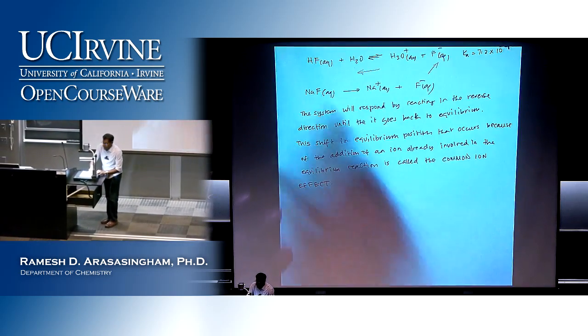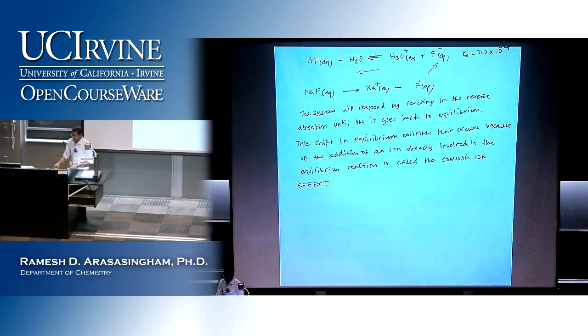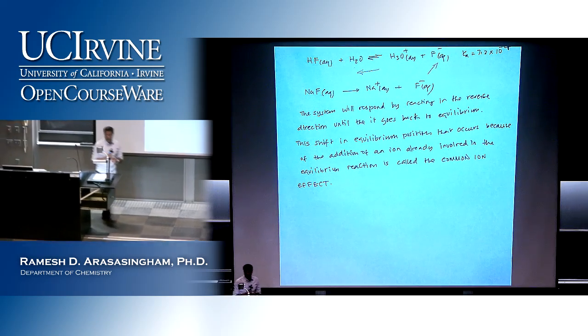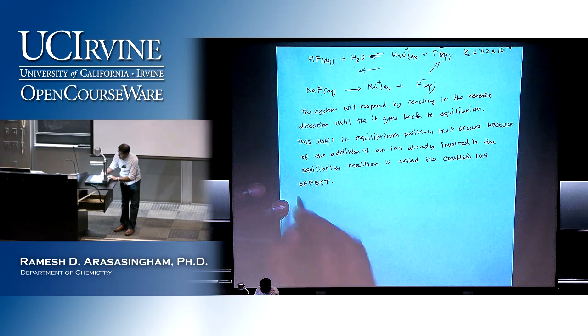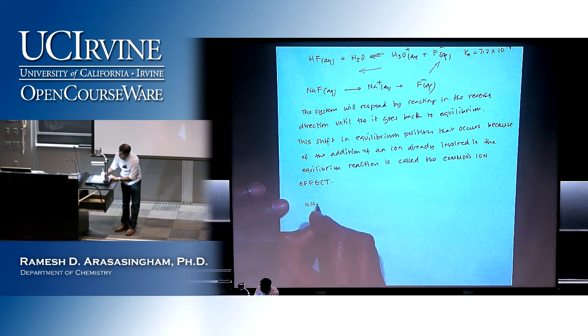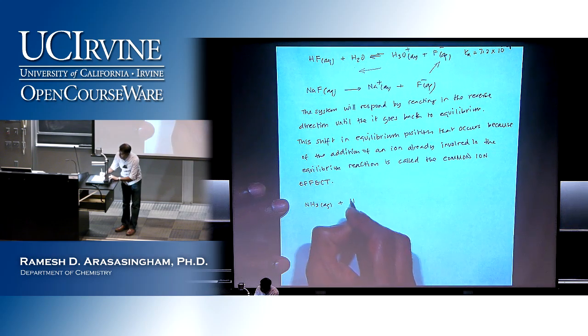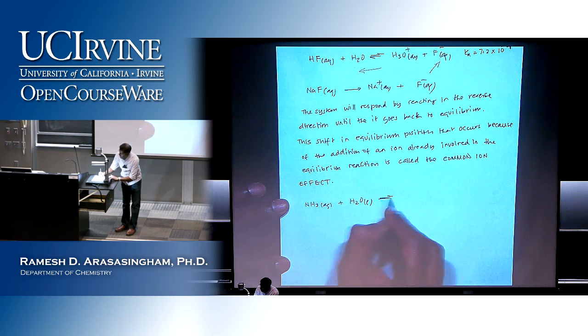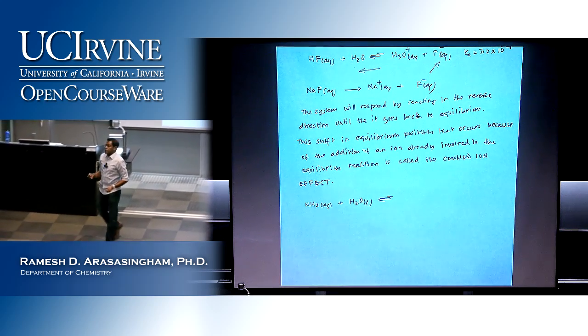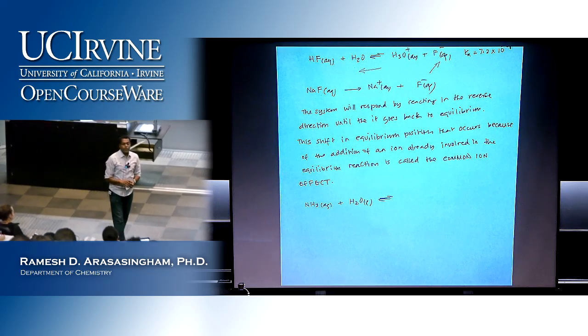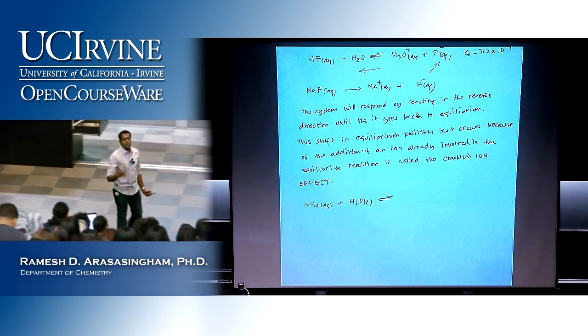So this is an example of a weak acid. So let's take an example of a base. A weak base is ammonia. So if I take NH3 aqueous in water, by now you should know that NH3 is a base. So if I put NH3 in water, can you tell me what are the products you're going to see?